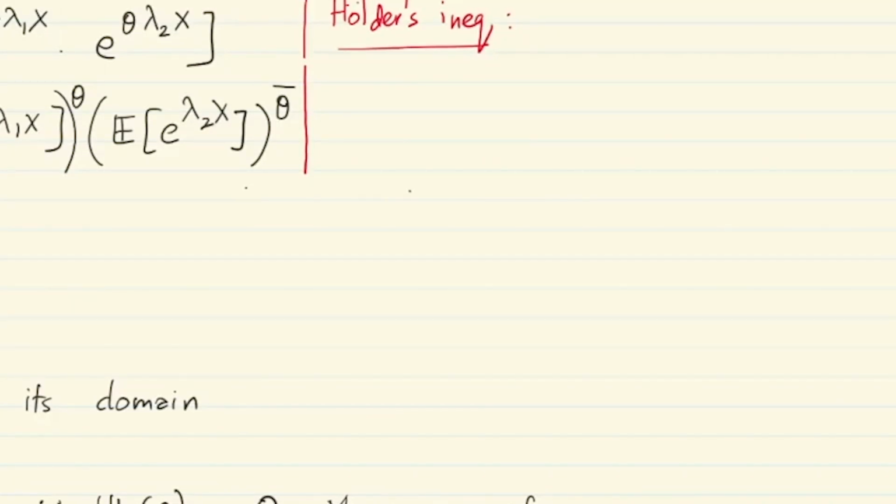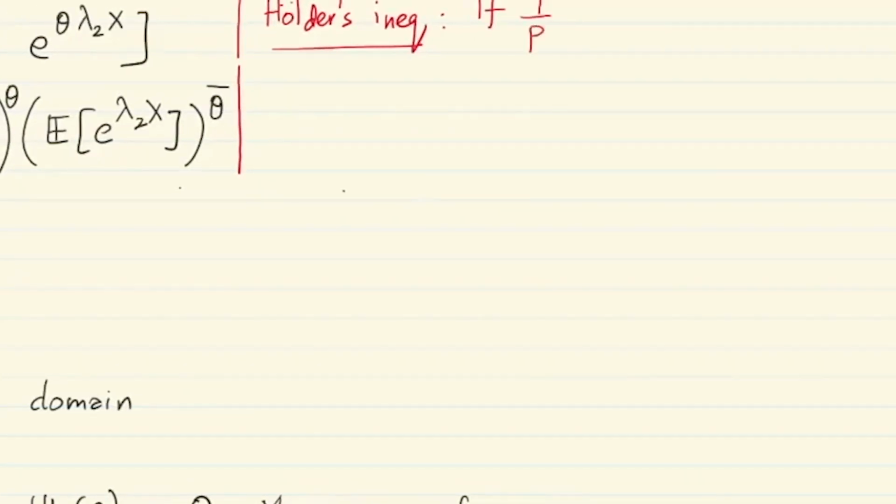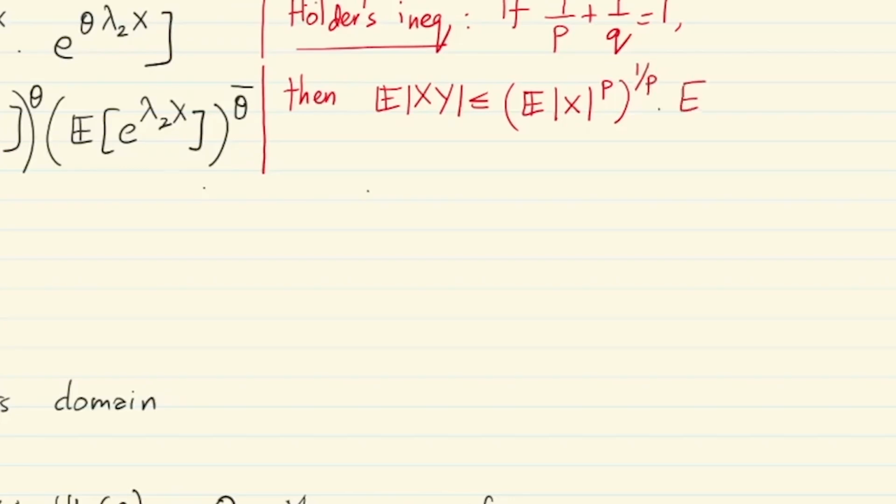If you have two numbers p and q such that 1 by p plus 1 by q equal to 1, and you have any two random variables x and y, the expected value of xy is upper bounded by the expected value of, in fact I can put modulus signs here to make all of these random variables non-negative, expected value of x raised to p, the entire thing raised to 1 over p, and similarly expected value of y raised to q, to the 1 by q.